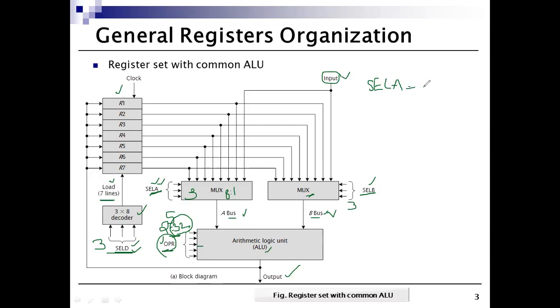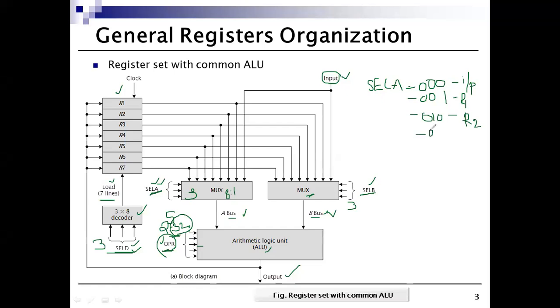If the 3 SELA inputs are 0, 0, 0, I will select data from the input to be passed to the ALU via the A bus. If it is 0, 0, 1, I select register R1 as the first operand. If it is 0, 1, 0, I select register R2.